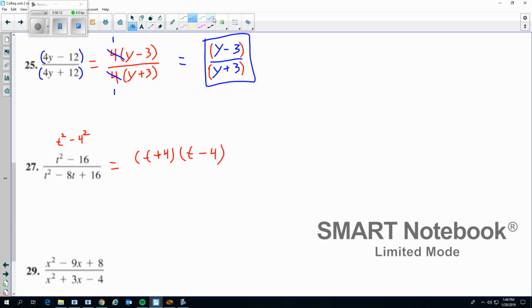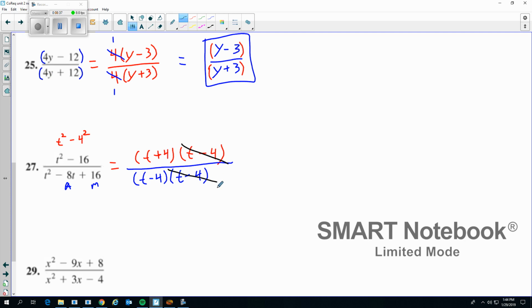So that's the top. And then on bottom, you can see, you know, if you're doing what multiplies but add to the middle, you're going to get a t minus 4, t minus 4. And you can keep them separate or you can write it together. I'll just go ahead and write it out twice. So t minus 4. And so you notice you have a t minus 4, so you can cancel this one out with whichever one you want.